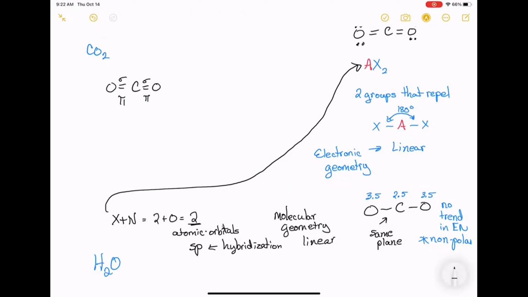So in carbon dioxide, there are 2 sigma bonds and 2 pi bonds. Any questions?